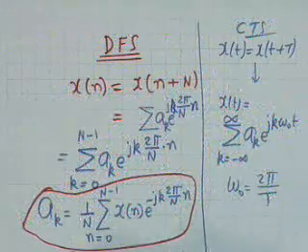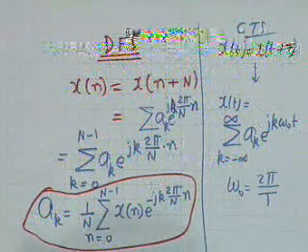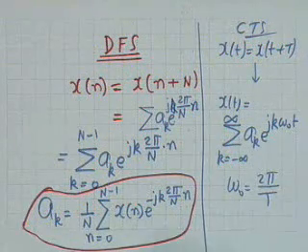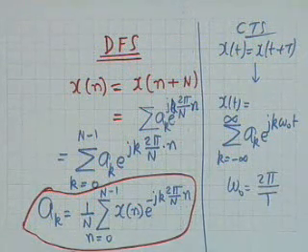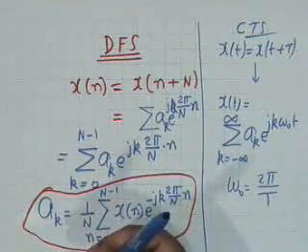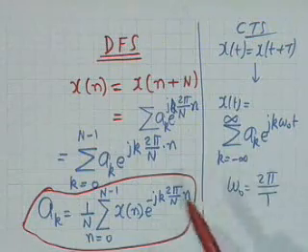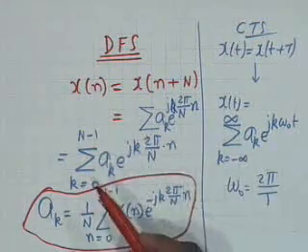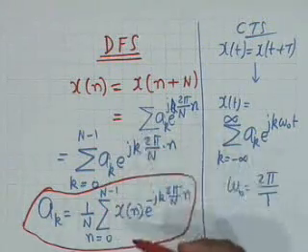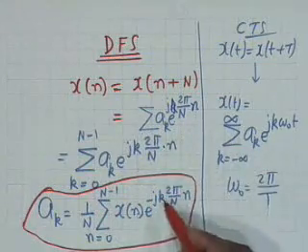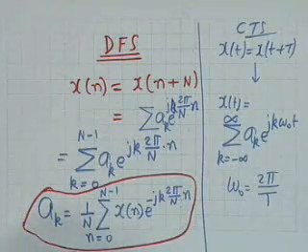There are 2 points that I wish to emphasize. One is that this is not a matter of definition, it can be derived, and the derivation is very simple. You take x of n, this expression, and multiply by e to the minus j r 2 pi by N times n, for some r.